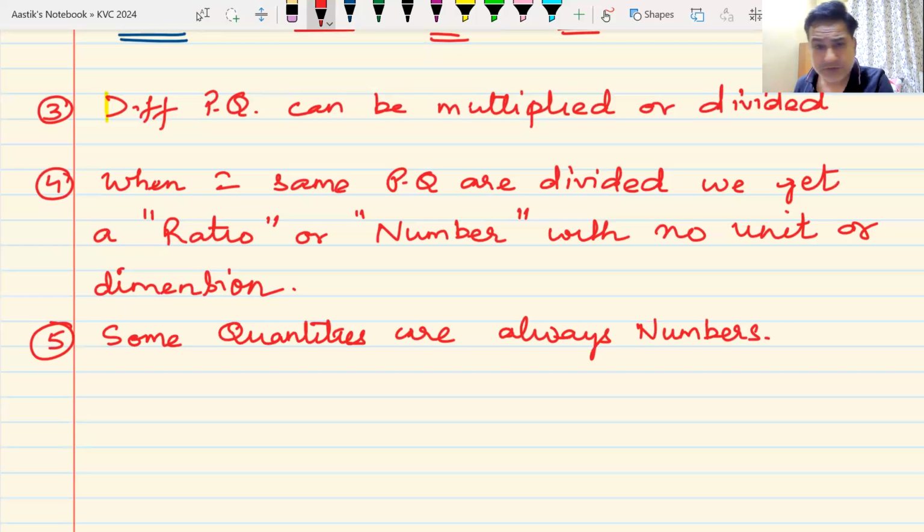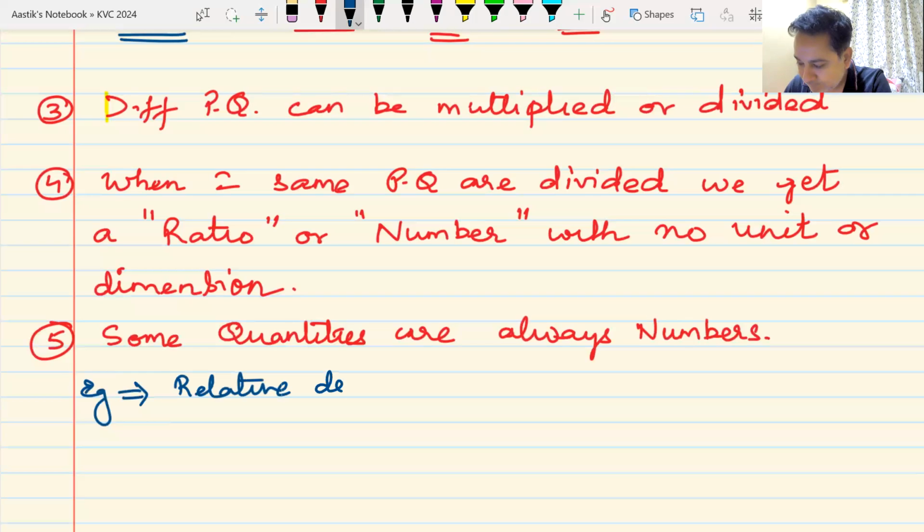For example, they are ratios. If I give you an example, have you heard about relative density? Density of a substance divided by density of water at 4 degrees centigrade. It is a number.